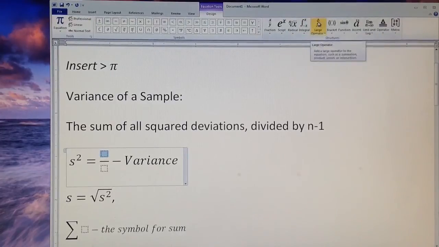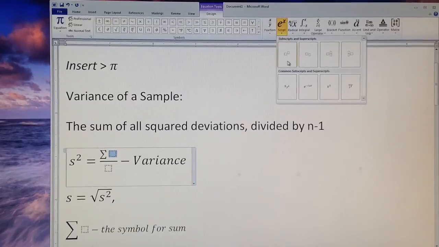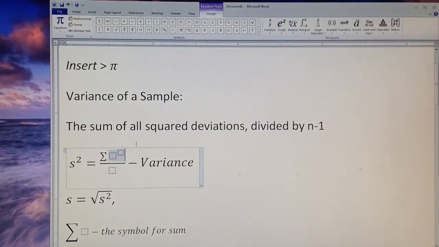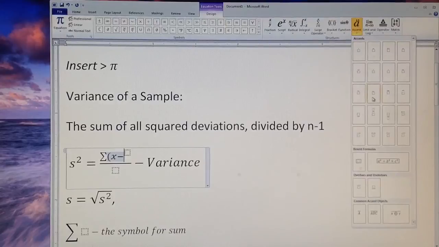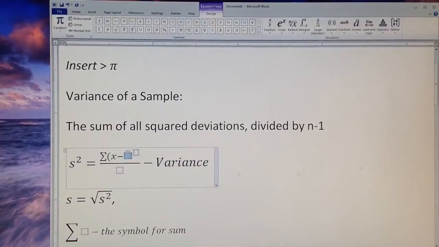So first we have to find the sum, and then the squared deviation. So we need this exponential symbol. The deviation from the mean is x minus, in case of a sample, x bar. So you see where x bar is, this place here.